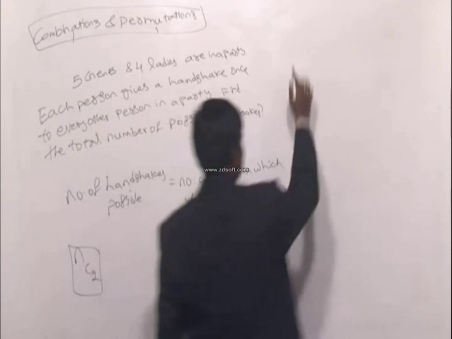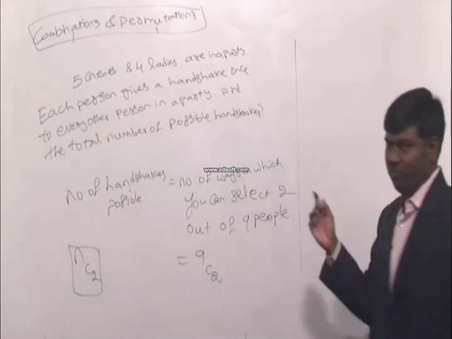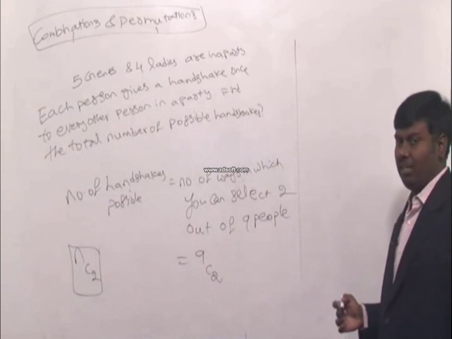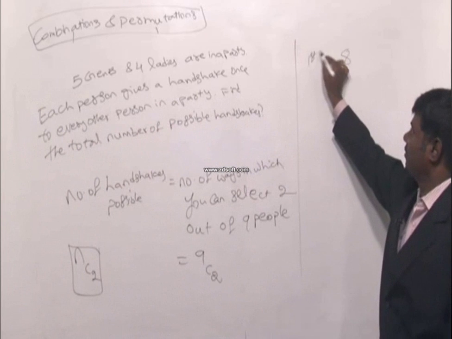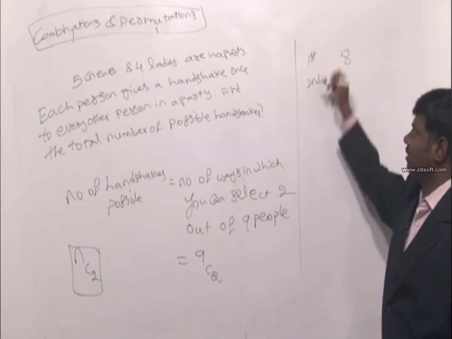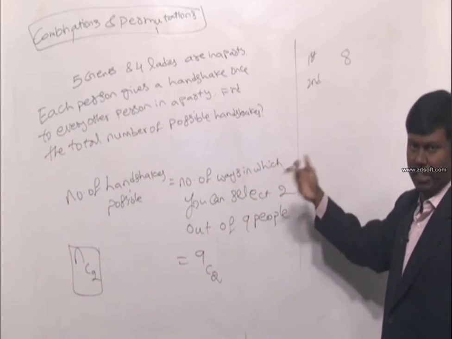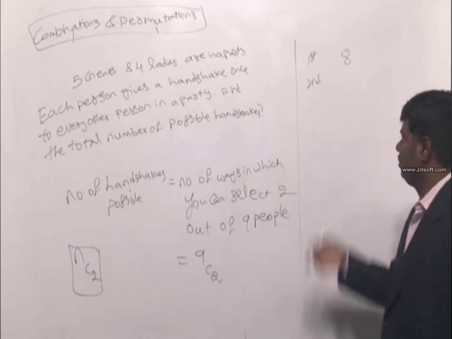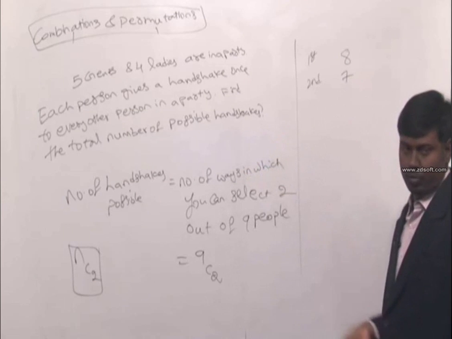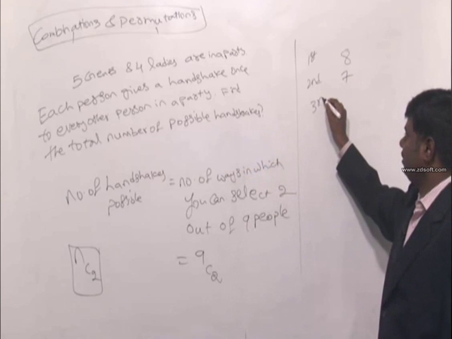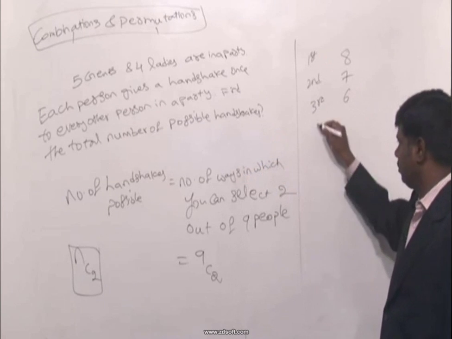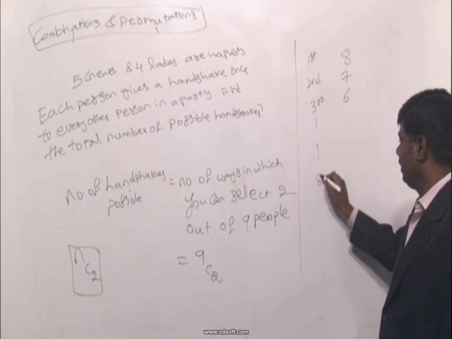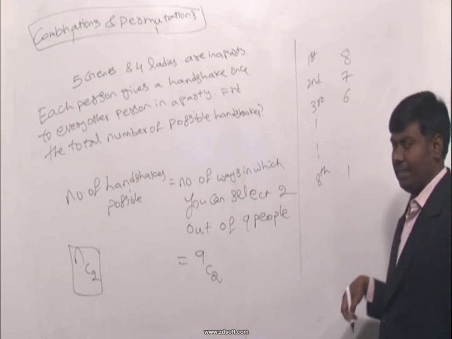There is one more way in which you can understand. Let us say the first person will be giving handshakes to remaining 8 people. Second person has already received handshake from the first person, or he shook hands with the first person, so he will be shaking hands with 7 more people. Third person has already shook hands with first and second, so he will be shaking hands with 6, and so on. 8th person will be shaking hands with 9th person.